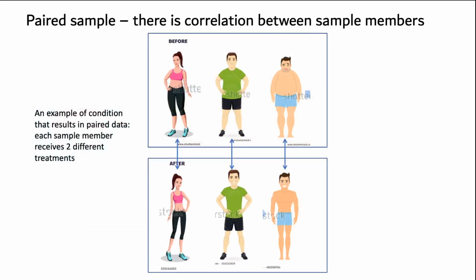Another example, if we have 3 subjects. These 3 subjects change their lifestyle, and then we measure the weight, the fat composition, and so on from these subjects before and after they change their lifestyle. So the subjects are similar, subject A, B, C, but we measure the parameters under different conditions.